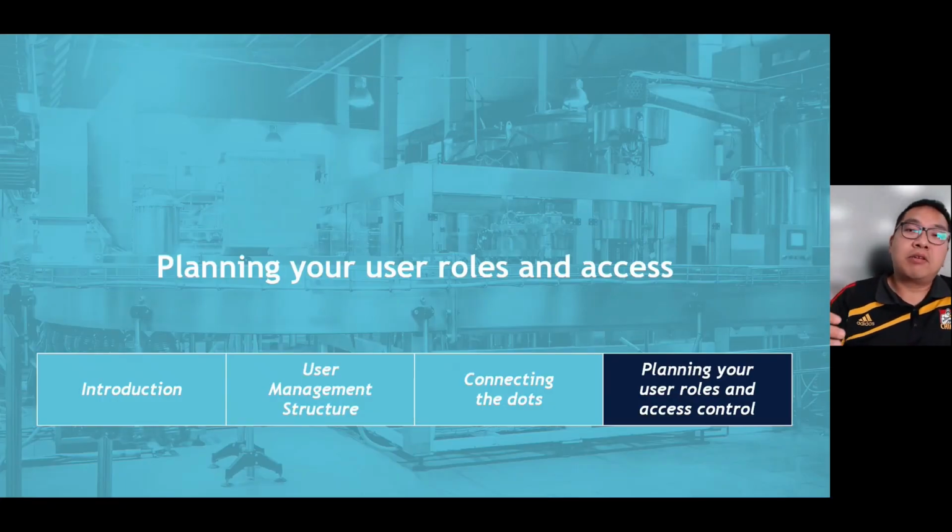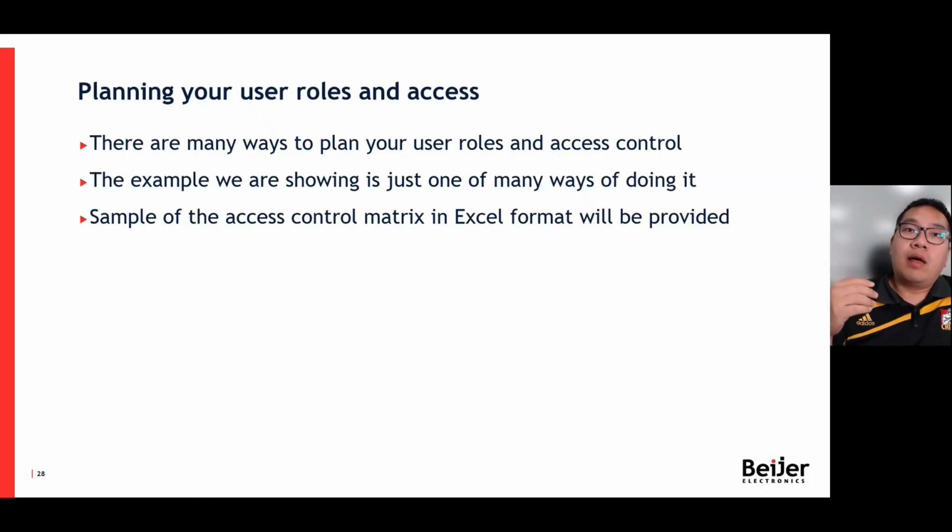Finally, in the last section, we'll talk about how to plan your user roles and access in this case. There are many different ways to plan your user roles and access. The example that we'll be showing today is only one of many ways that you can do it. There's no one correct method, and everyone's method is correct.